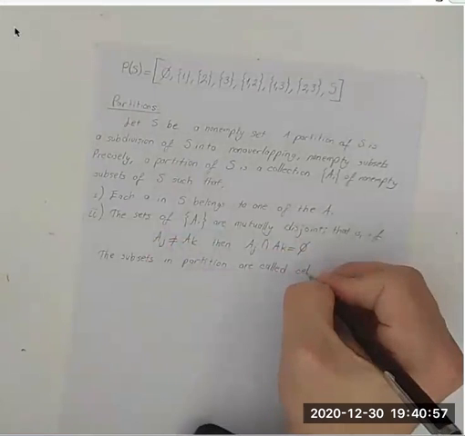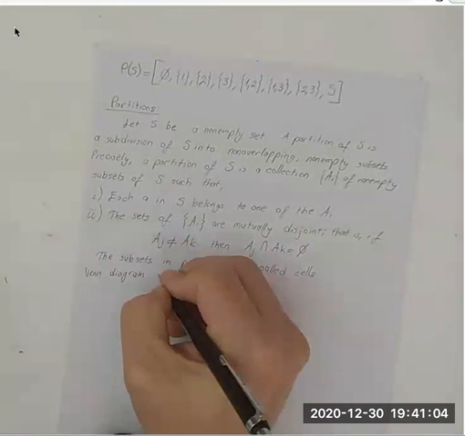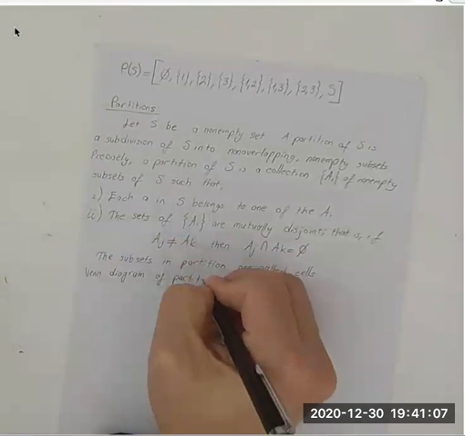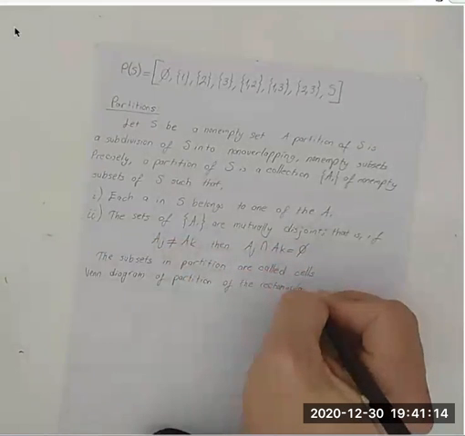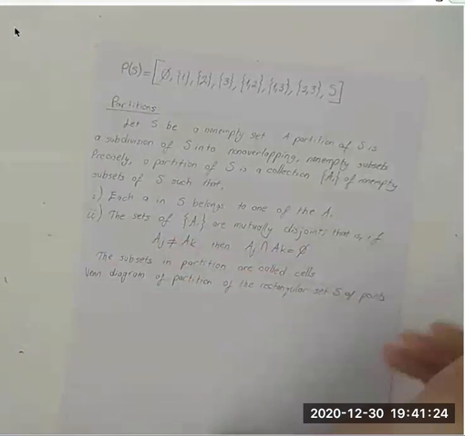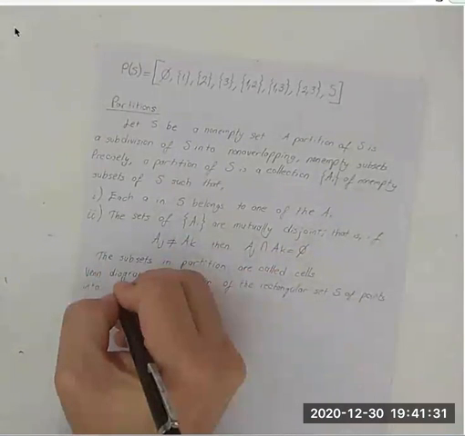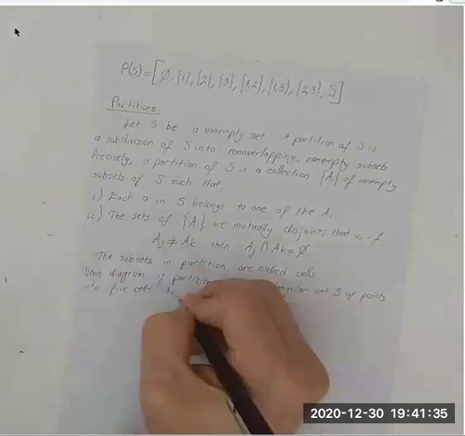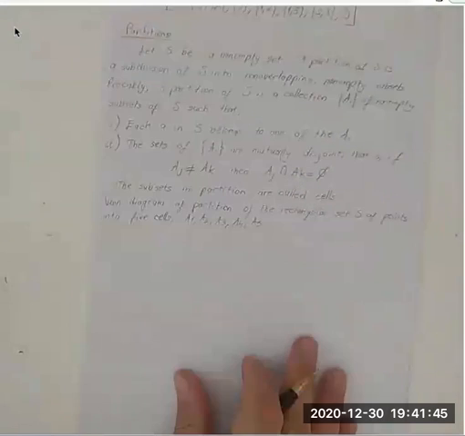Example: S is equal to the list of elements 1, 2, 3, 4, 5, 6, 7, 8, and 9. We have the set like that.